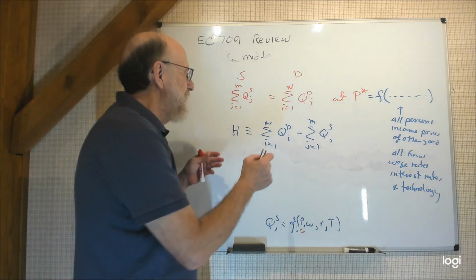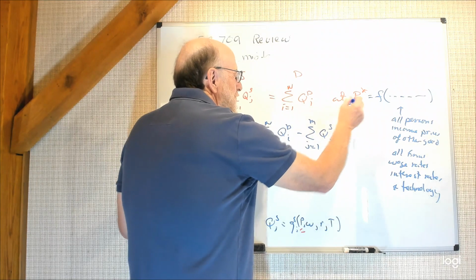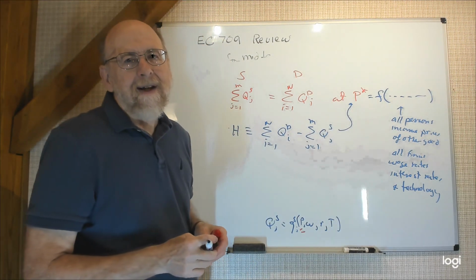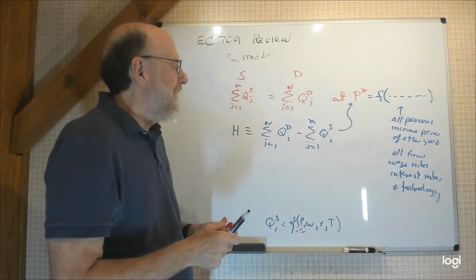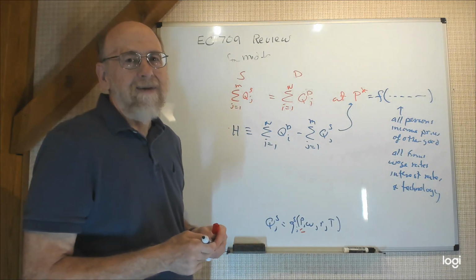Okay, and we use this relationship to characterize the equilibrium price using the implicit function theorem. And then we can take derivatives of this again using the implicit function differentiation rule.